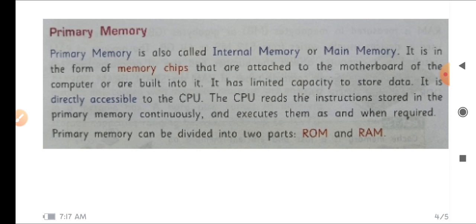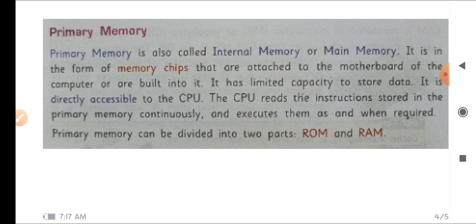Then it is directly accessible to the CPU. That means the data which we give or the instruction which we give is directly stored in the main memory. Then the CPU reads the instructions stored in the primary memory.